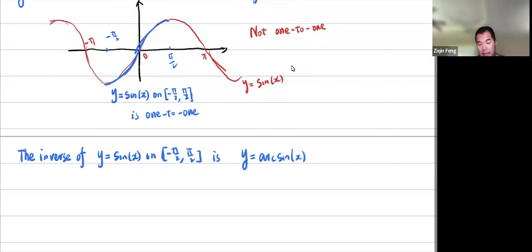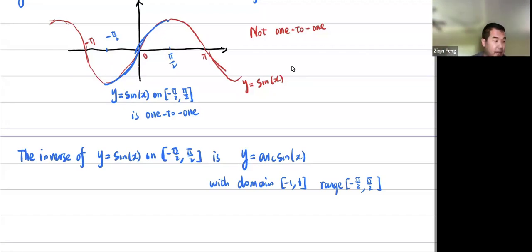The domain of arcsine, which is the range of sine, switches with the domain: the domain is -1 to 1, and the range is from -pi/2 to pi/2.